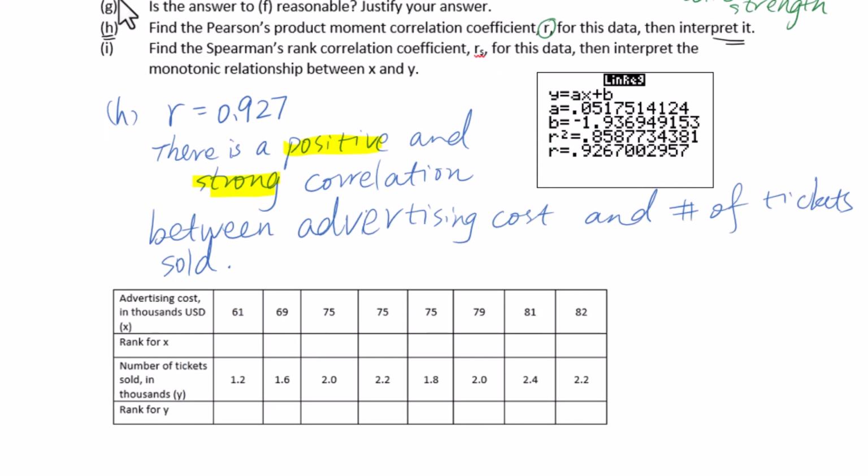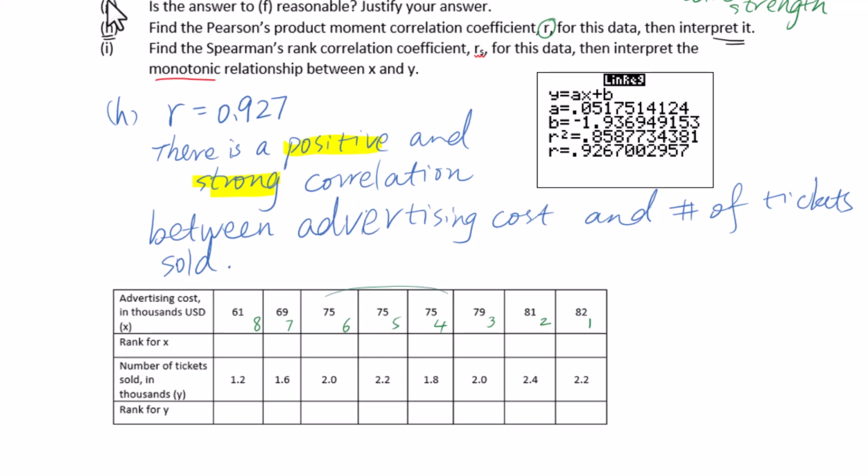Now let's go to I. Find the Spearman's rank correlation coefficient rs for this data, then interpret the monotonic relationship between x and y. So let's label here 1, 2, 3, 4, 5, 6, 7, 8. Then check whether you have the same value.